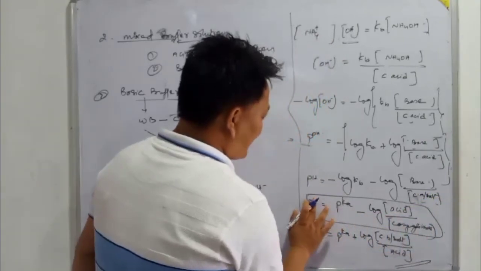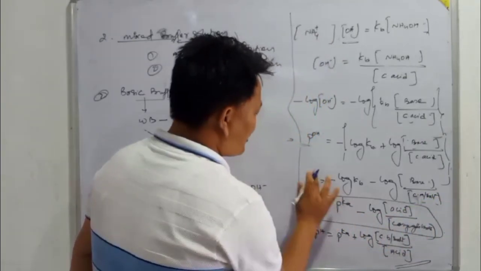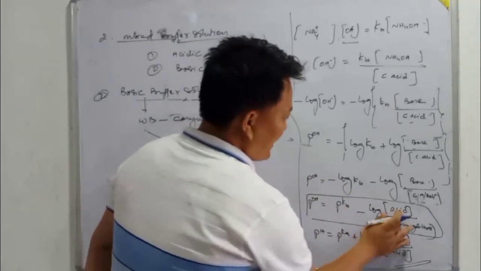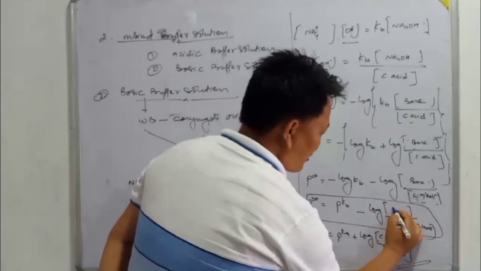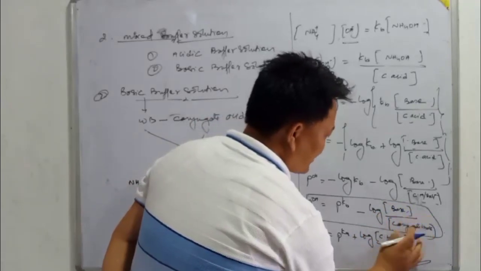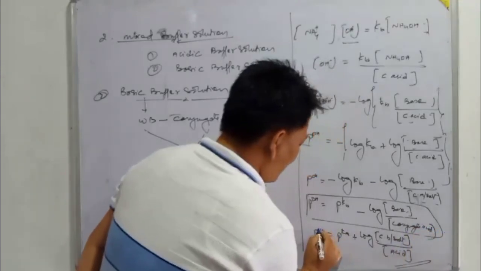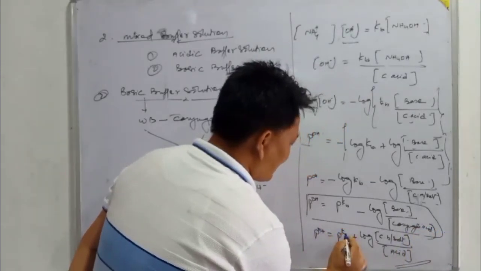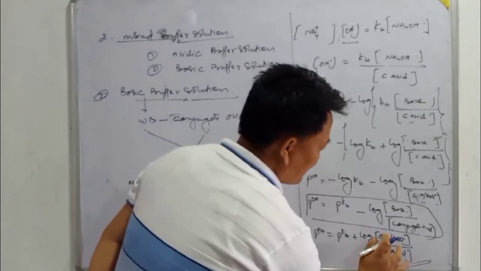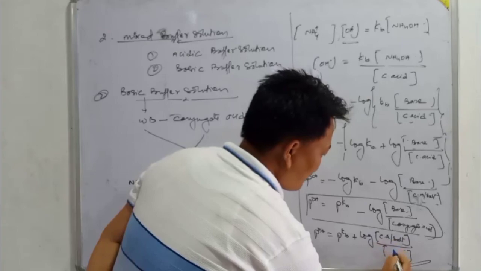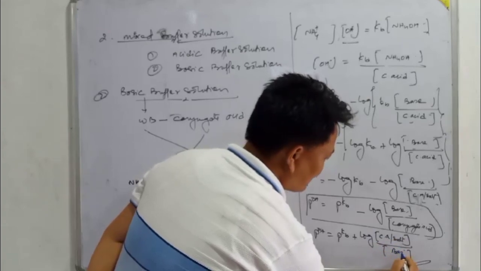And here what we get now: pOH, and here pKb, and here the base, and here the conjugate acid or salt by base.